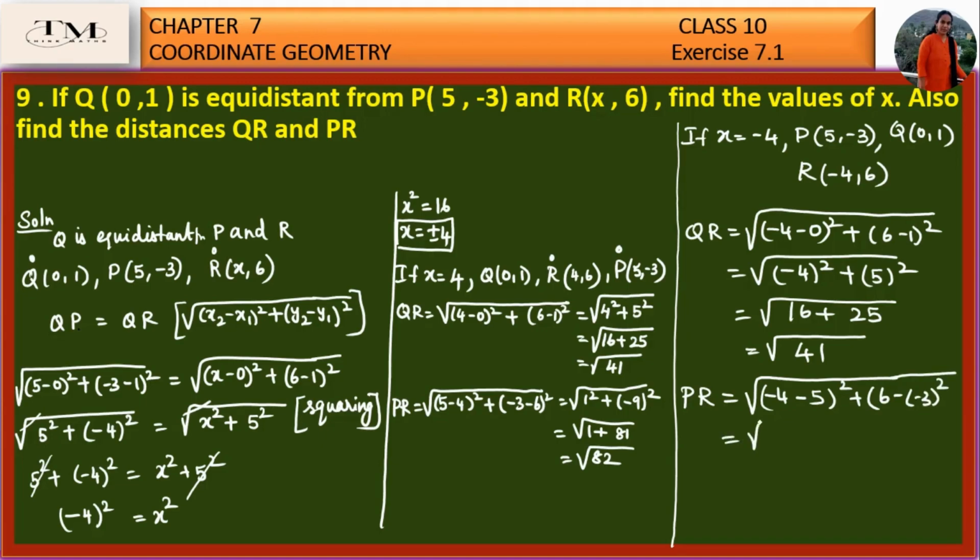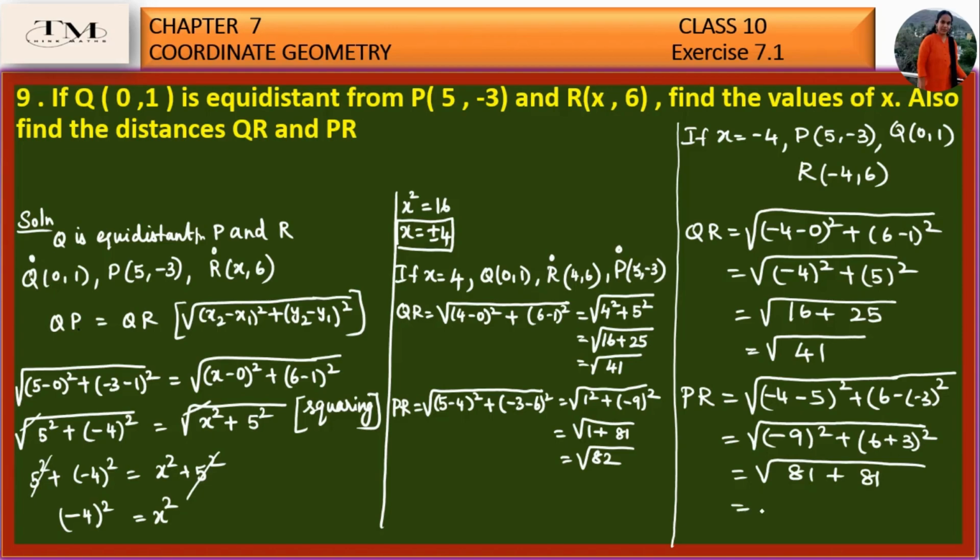So we will get minus 4 minus 5 is negative 9 whole square, plus 6, minus into minus is plus, so 6 plus 3 whole square. Minus 9 whole square is 81, 6 plus 3 is 9, so 9 square is 81.